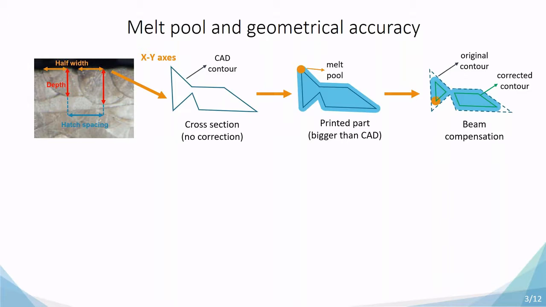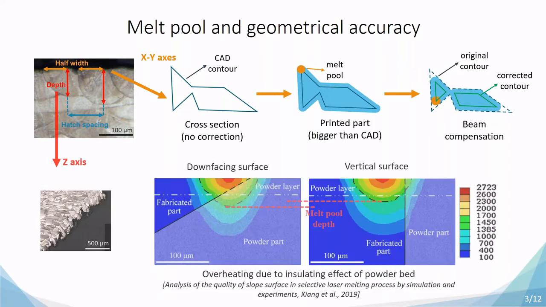the intended dimension. On the other side, on the Z-axis, we have the melt pool depth, which is correlated to dross and sag defect.